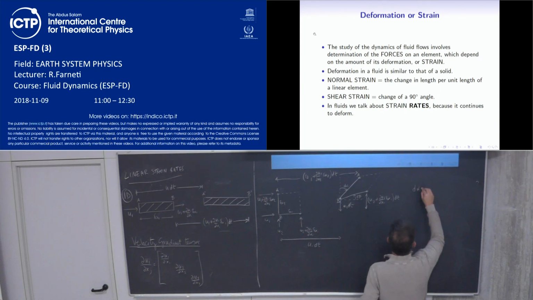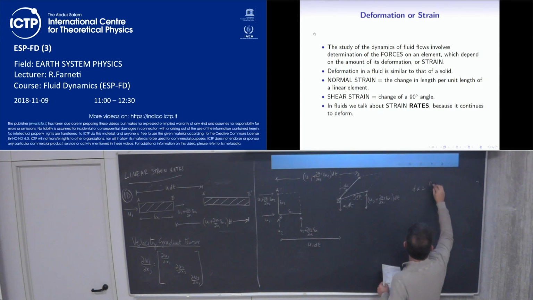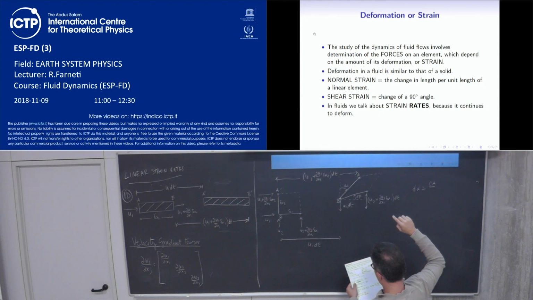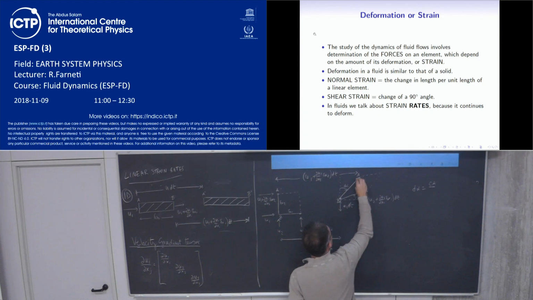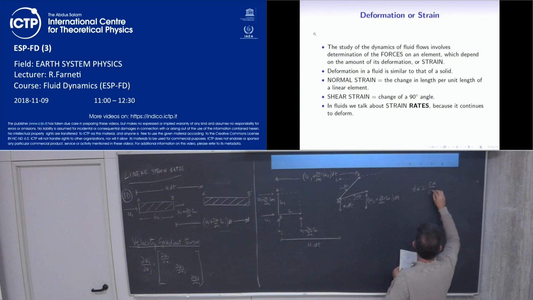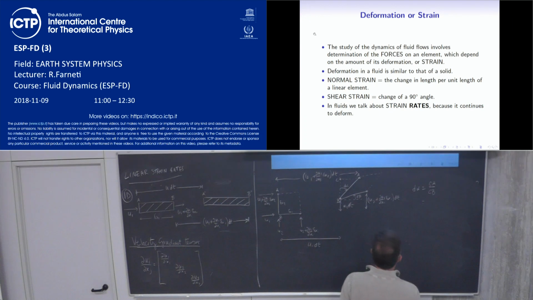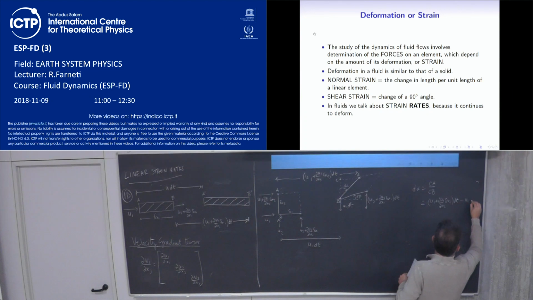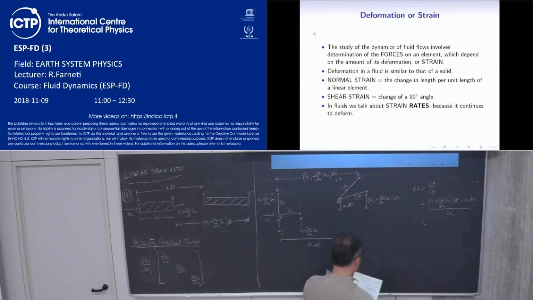Now, the alpha is CA over CB, and if you substitute, U1 plus the derivative of U1 with respect to x2 times delta x2 dt, minus U1 dt, over CB, which is just delta x2.